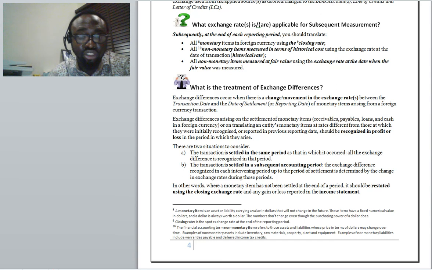Now, there are two situations to be considered. One of them is where the transaction is settled in the same period, which means if my reporting date is every December, and as at November 10th of 2016, I make a purchase in foreign currency on a credit of 30 days and I have to make payment on the 9th of December 2016.